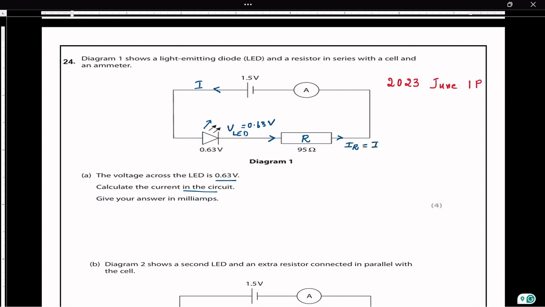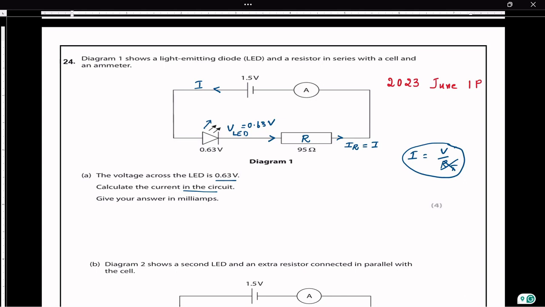Now here, to find out the current of the circuit, usually we use the total voltage over total resistance. But here you can see, we don't know what is the total resistance. We know only one resistor, 95 ohms. So usually we use the relation I is equal to V over R total, but here we cannot use this because we don't know the R total.